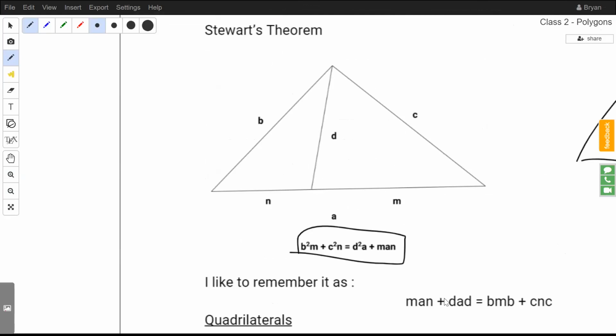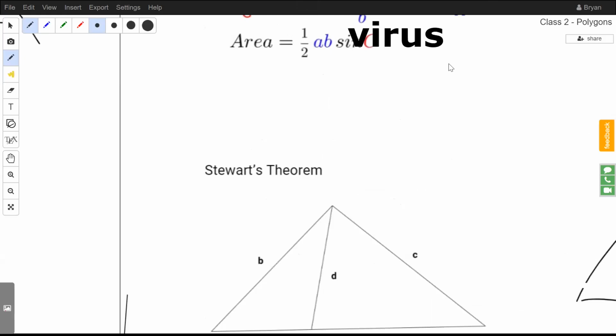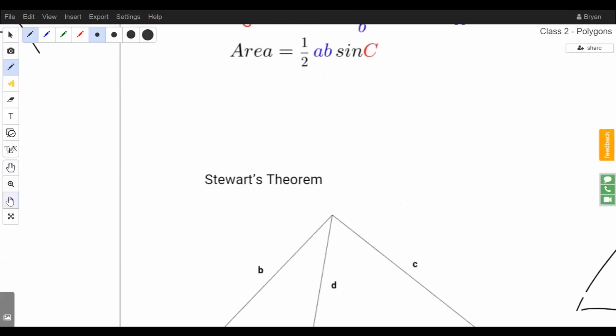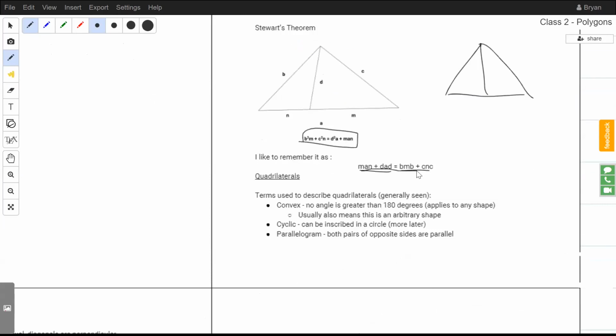An easy way to remember this is "man plus dad equals bum plus sink", or whatever. Although this may look complicated and slightly hard to remember, I assure you it's actually very useful when you cannot think of a way to solve a problem and you just want to find a certain side length.